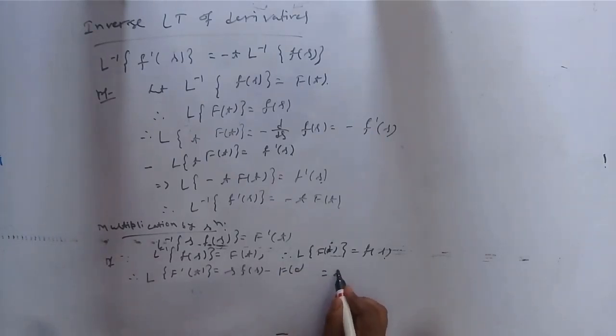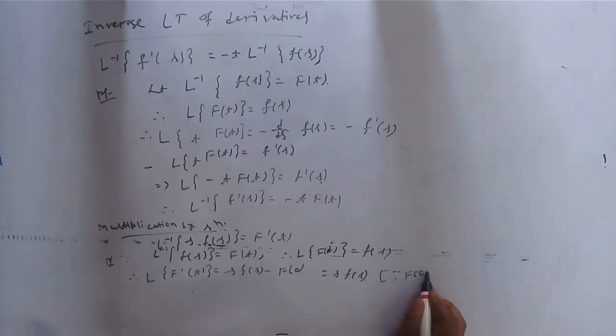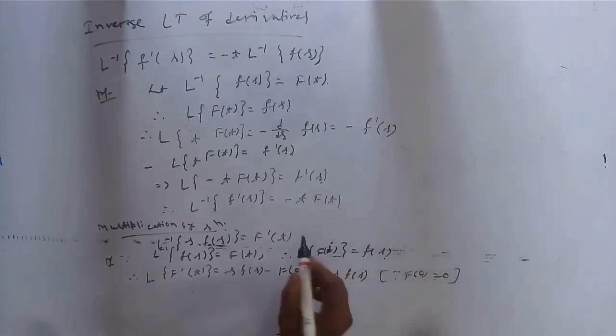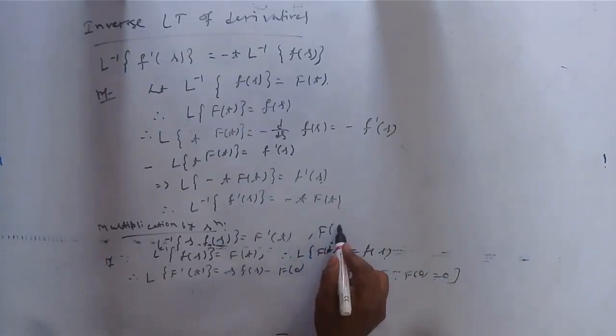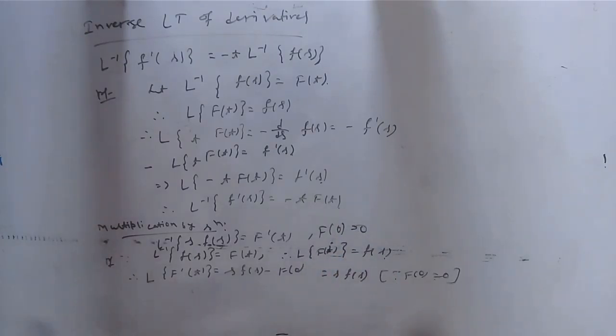This is equal to s F(s) since f(0) equals 0. It is given in the statement f(0) equals 0. Okay. Therefore L inverse of s F(s) will be equal to f dash (t). Hence the proof.